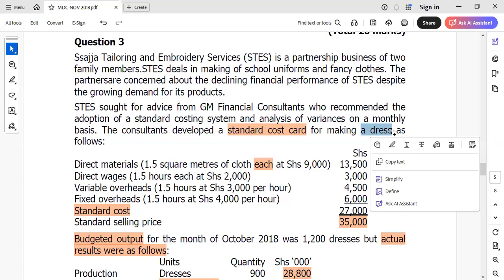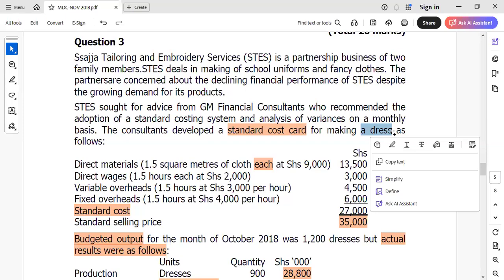That's what you need in terms of quantity. Now, at this point, we are not dealing with material usage or material quantity. We are dealing with material price.